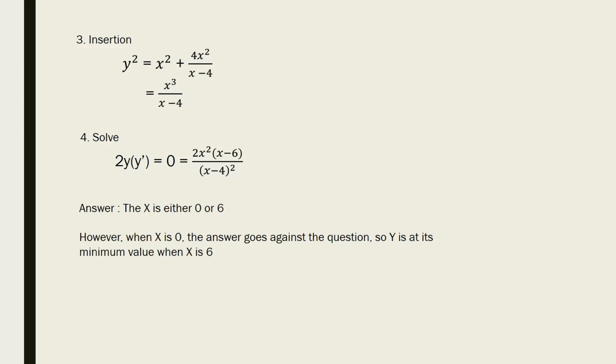The answer is that x is either 6 or 0. However, when x is 0, it means the paper wasn't folded, so that answer goes against the question. So y is at its minimum value when x is 6.